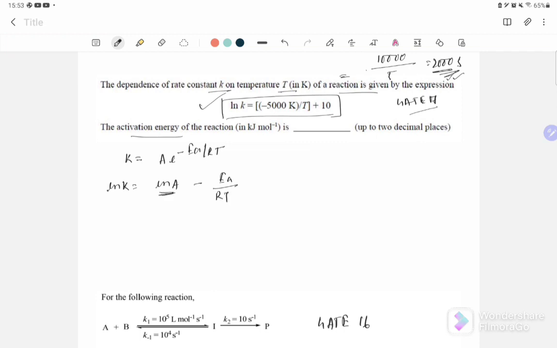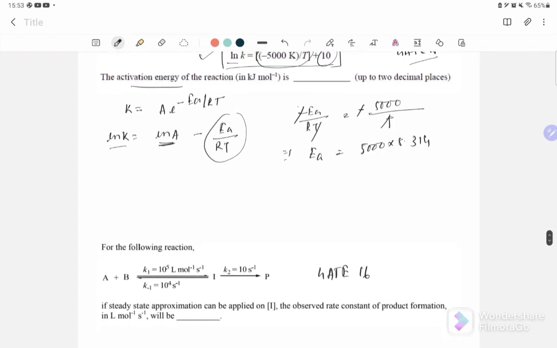So this one is ln k, which is given, so this term will be minus Ea by RT, which is 5000 by T. The minus cancels out, T cancels out, so Ea will be 5000 into 8.314.